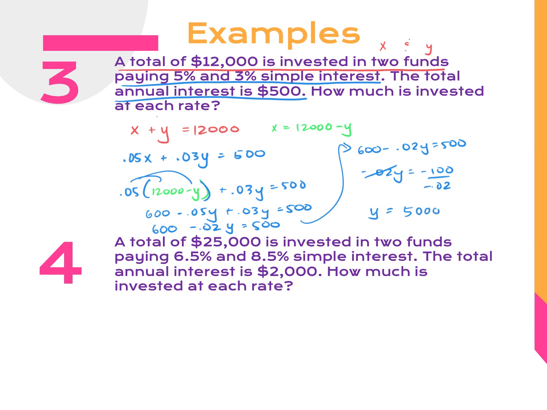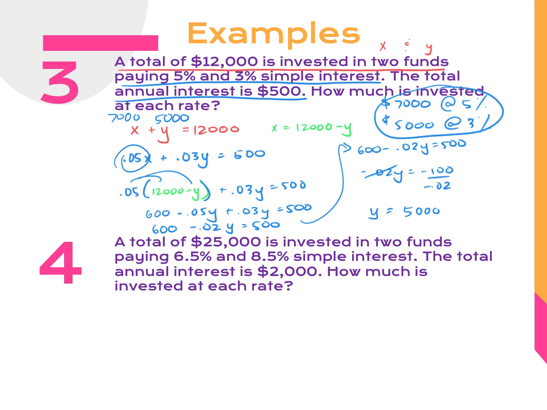So the amount in account Y is 5,000, which means the amount in X is 7,000. So I've got $7,000 in X, and X, I made it the 5% interest, and the 5,000 is at the 3%. Okay, and that's how we got it.